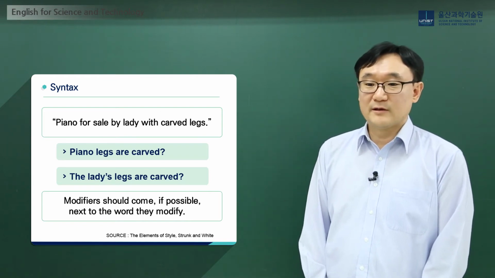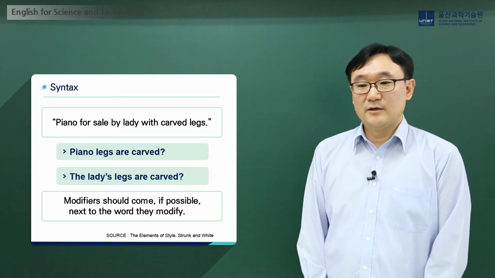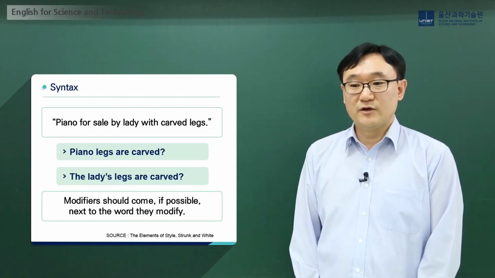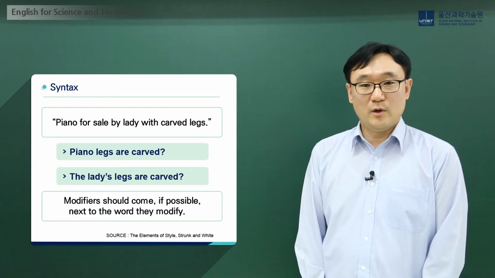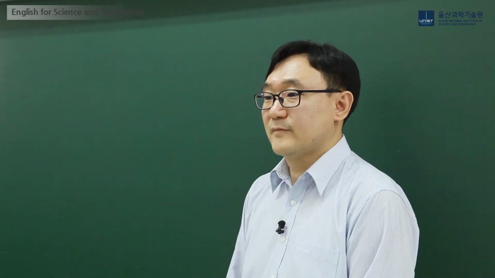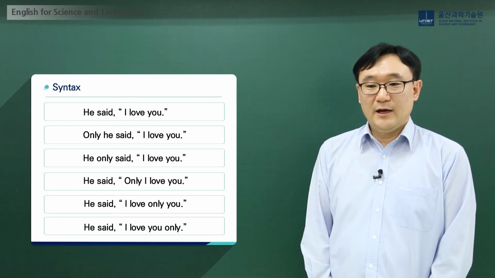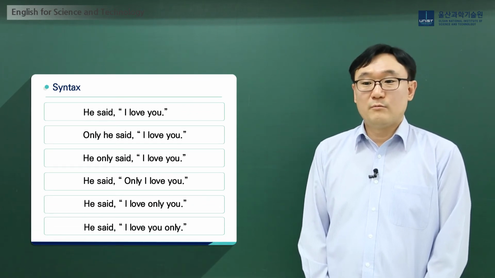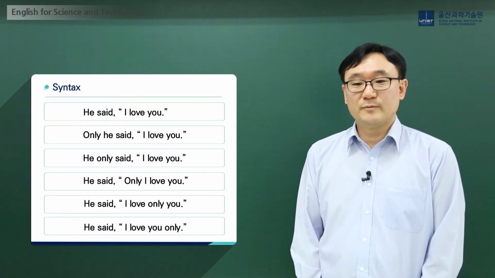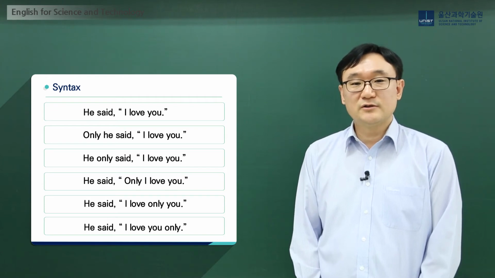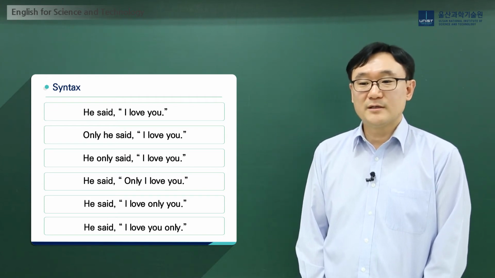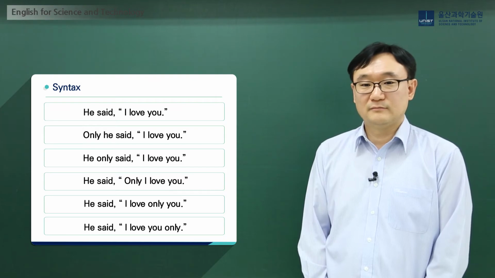When modifiers are misplaced, the result is always ambiguous and hilarious as well. Just like that, words like just and almost or prepositional phrases should be used cautiously to accurately deliver the message from the writer.